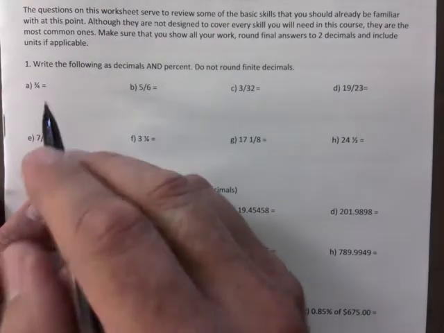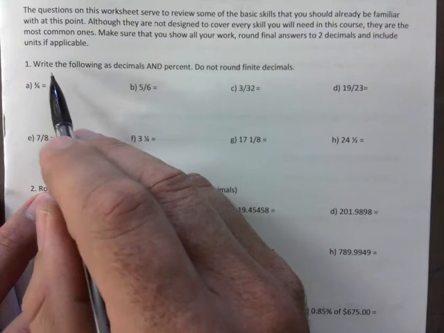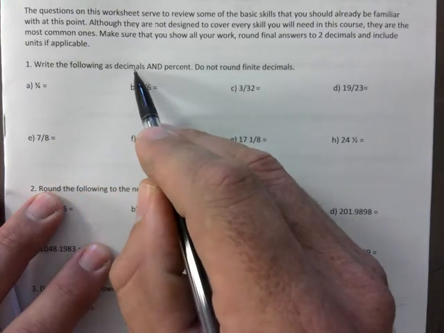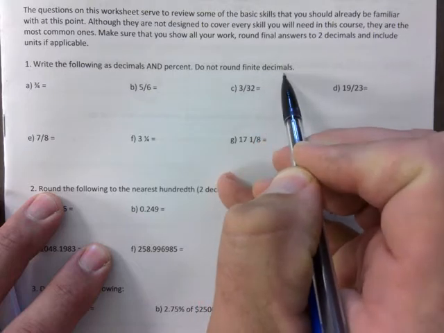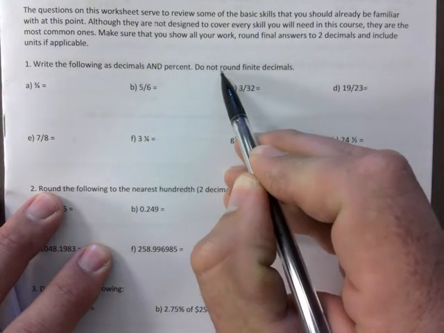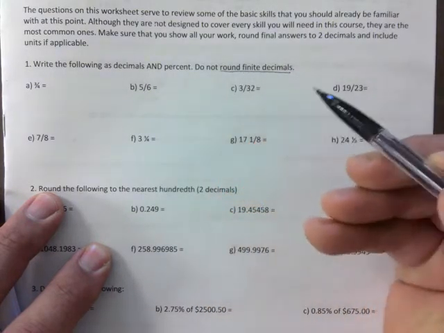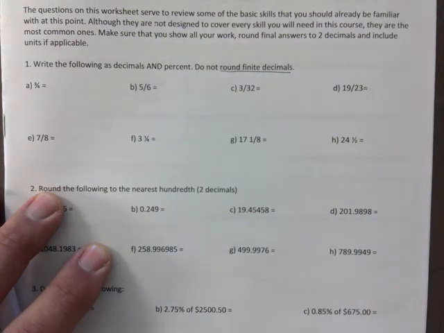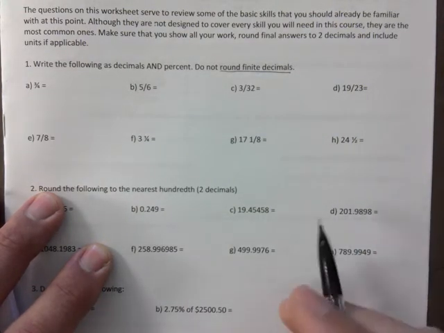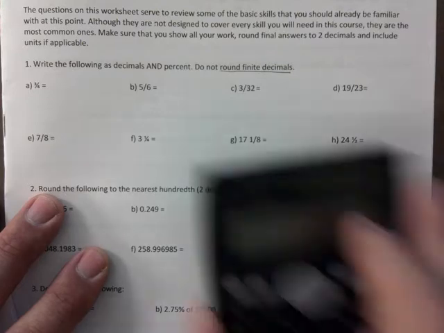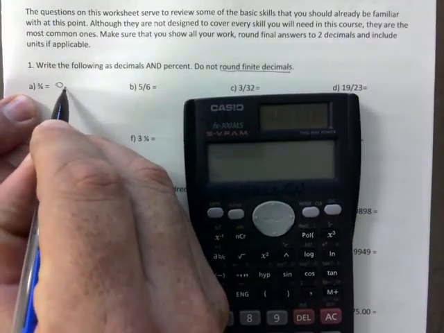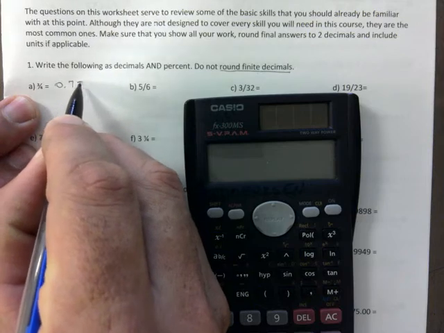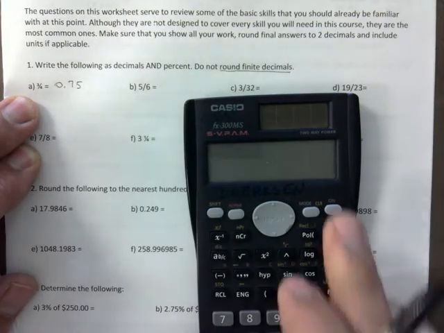Okay, so write the following as decimals and percent. Do not round finite decimals. Finite decimals are decimals that actually stop at one point. They don't keep going. So the calculator will be very obvious in that sense. So 3/4, we know that is 0.75 as a decimal. 3 divided by 4.